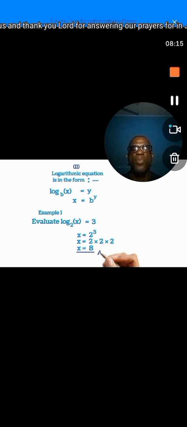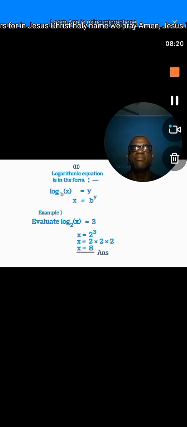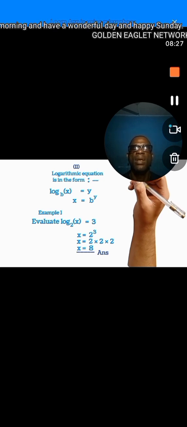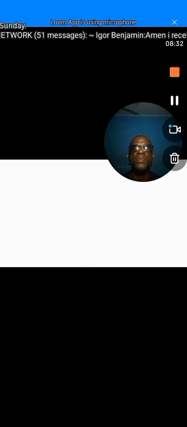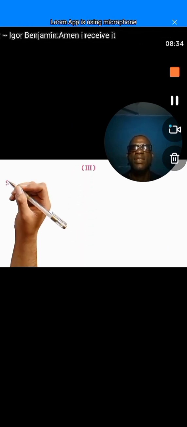Now example 2. Example 2 says solve log x base 5 is equals to 2.